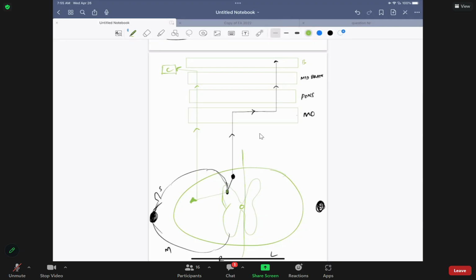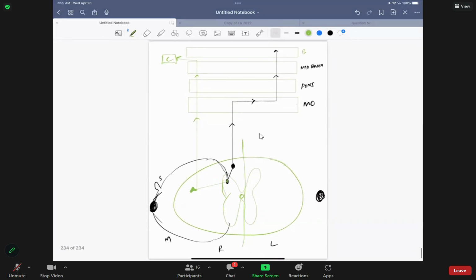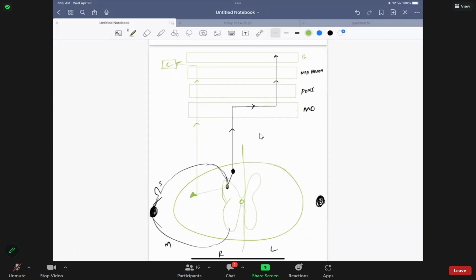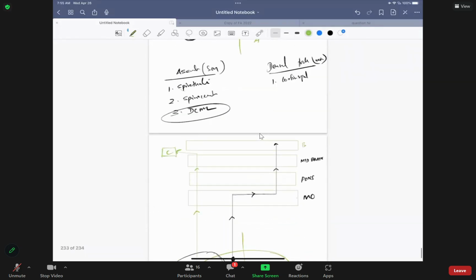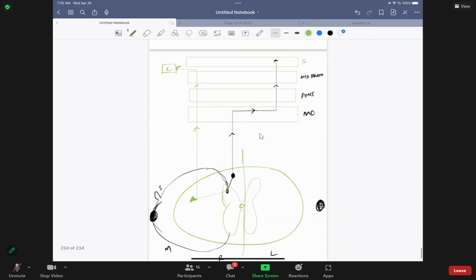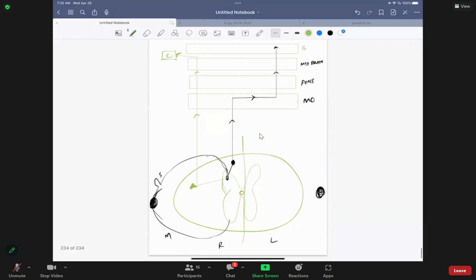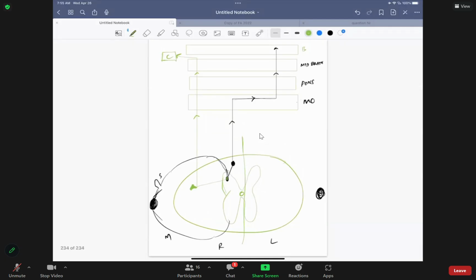Now, the next one we're going to have to talk about is spinothalamic. That's a little complicated one, folks. Okay. Now, unfortunately for spinothalamic, I cannot use this diagram. It requires a different diagram, folks. It's all the same, but for the spinal cord, I need 3 spinal cord sections for an example.